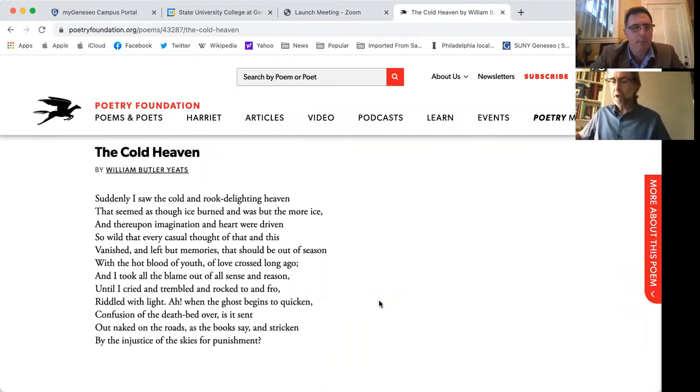Suddenly, I saw the cold and rook-delighting heaven that seemed as though ice burned and was but the more ice. And thereupon imagination and heart were driven so wild that every casual thought of that and this vanished, and left but memories that should be out of season with the hot blood of youth, of love crossed long ago.